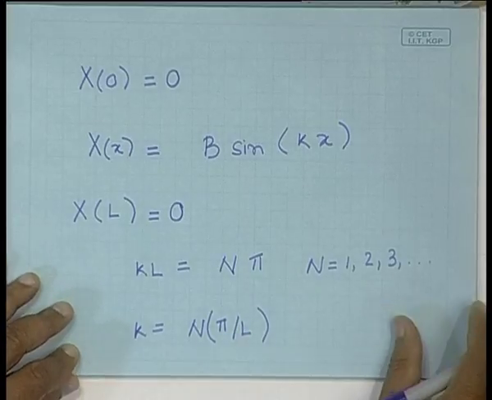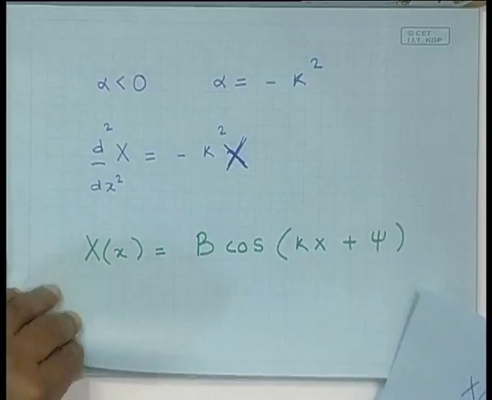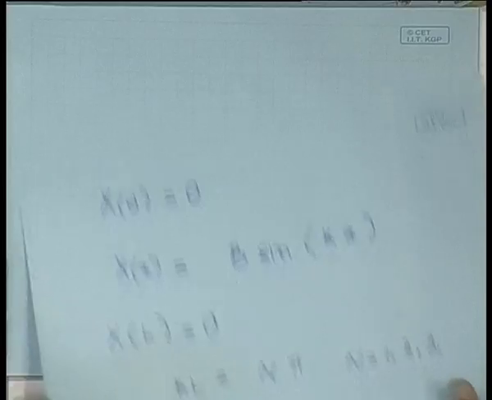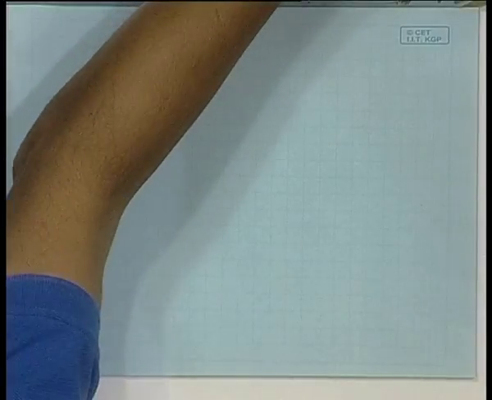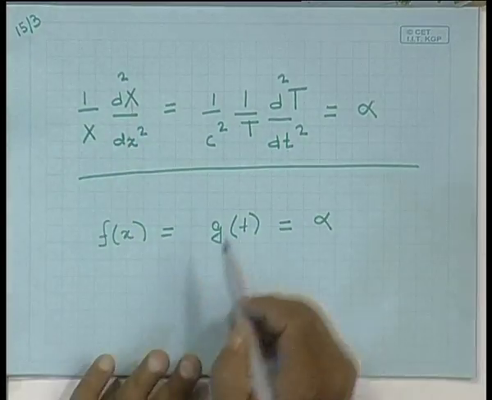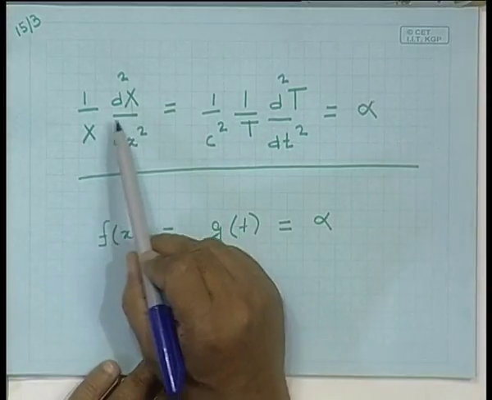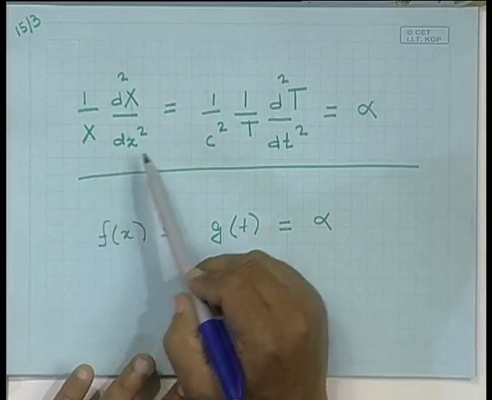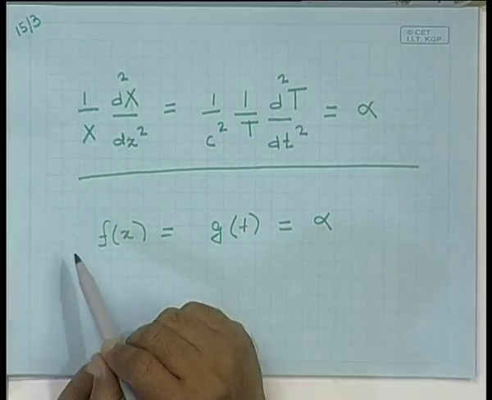Let us now work out the time part of xi. Let us go back to the original expression. From the wave equation, through the method of separation of variables, we obtained this expression.